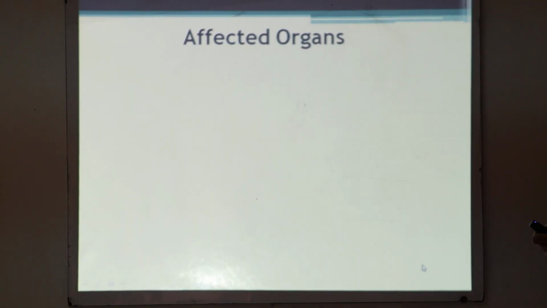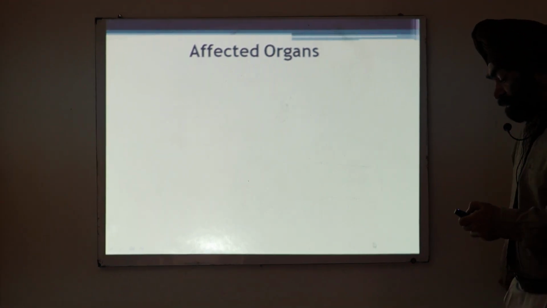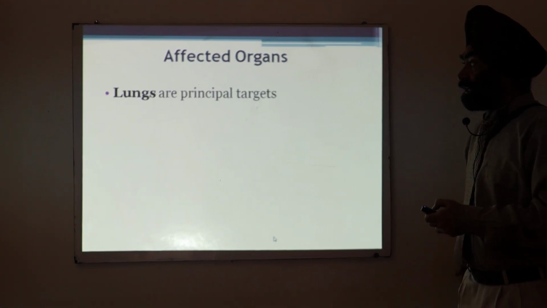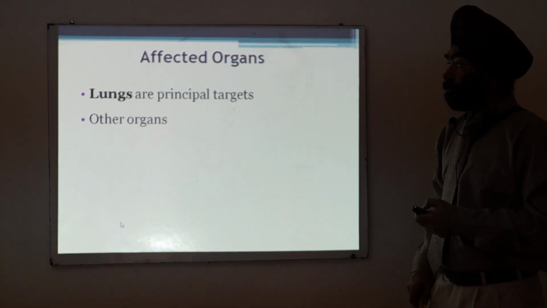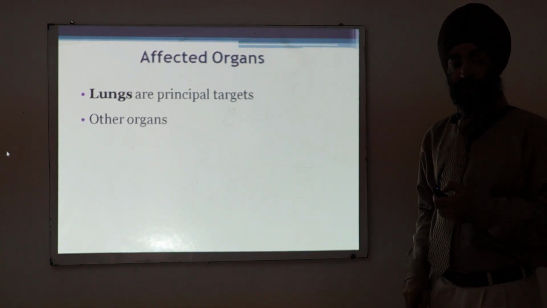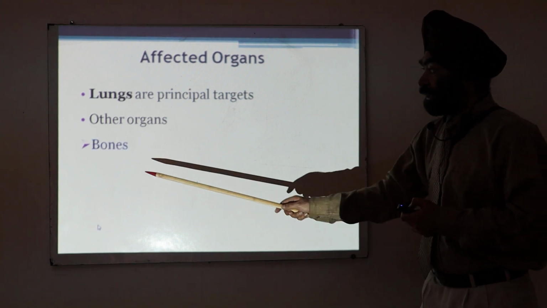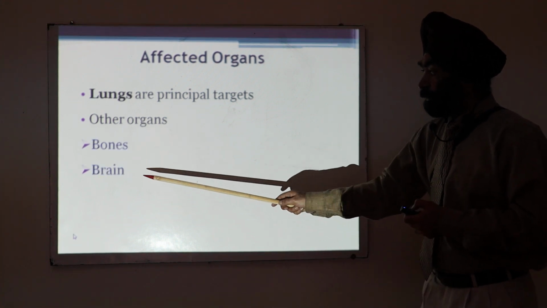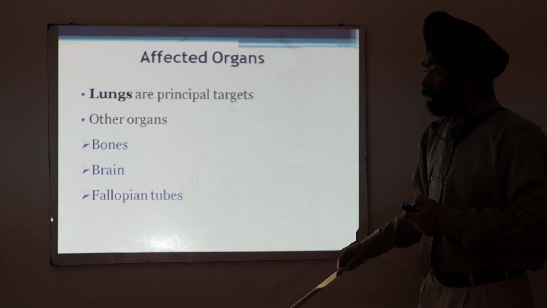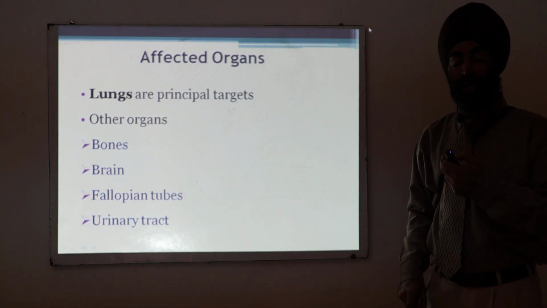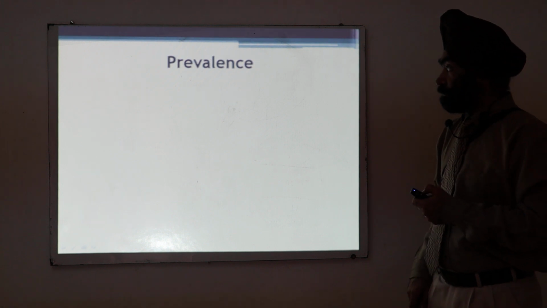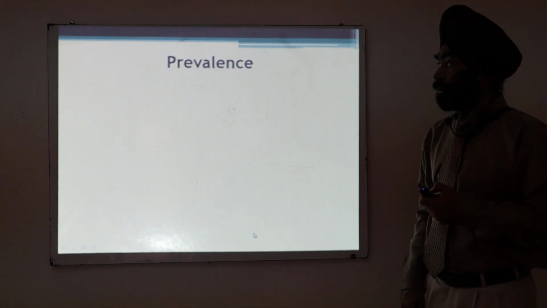Now, what are the organs which are affected in tuberculosis? Mainly the lungs are the main target, but not only the lungs, other organs are also affected, like bones, brain, fallopian tubes, and urinary tract. These start getting involved as the disease progresses. Now coming to the prevalence of tuberculosis.